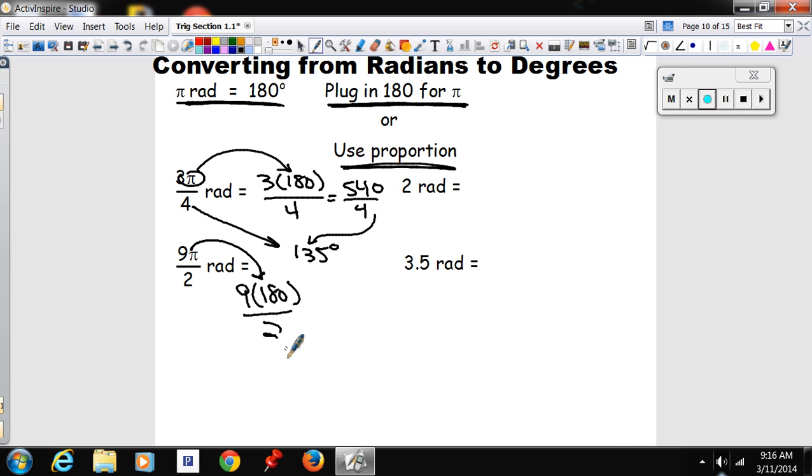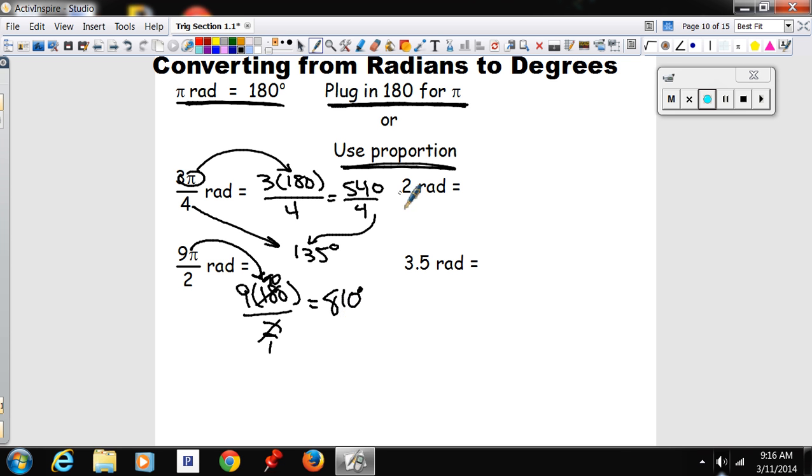I could. How many times does 2 go into 180? 90, so make that a 1 and a 90. What's 9 times 90? 810 degrees, yes. That would be the quickest way. Now, if you did 9 times 180, you get like 1620, and then you would divide by 2, you'd still get 810. So either way, you get 810 there.